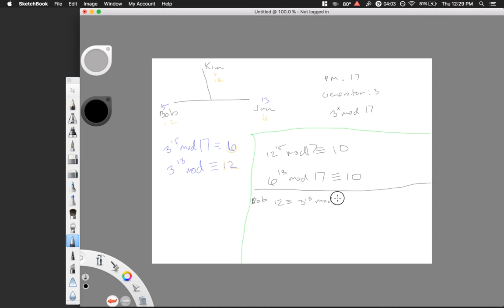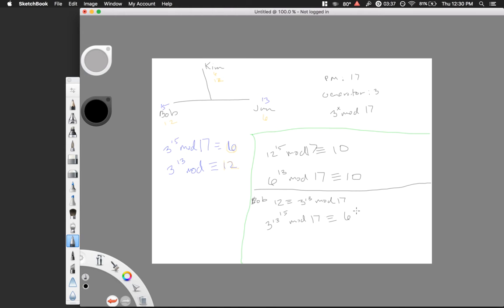So his calculation was actually the same as this. He took his 12, which is congruent to this, and then he raised it to the 15th. That was his calculation.